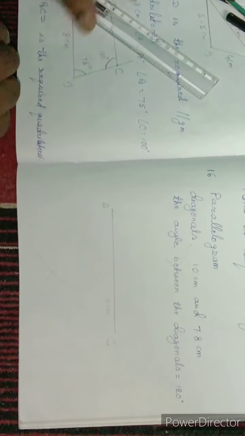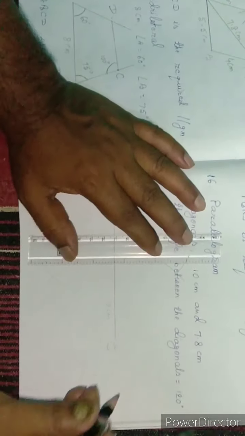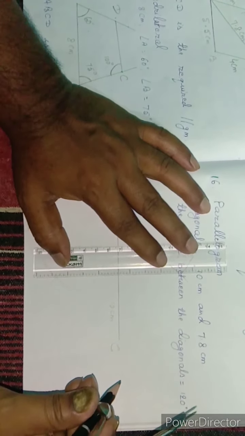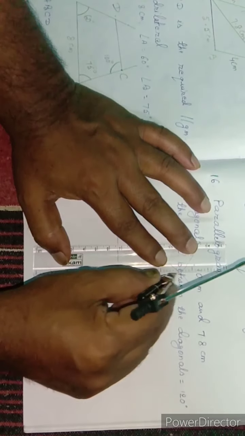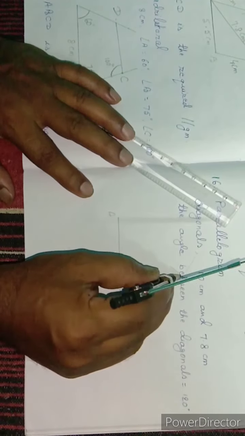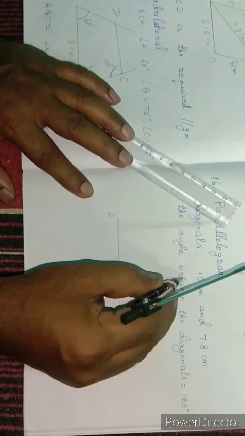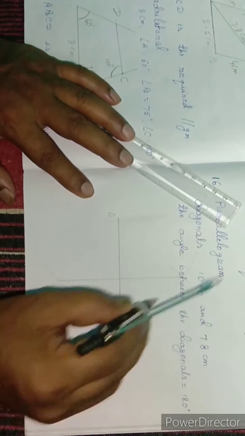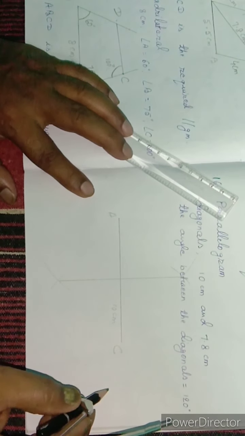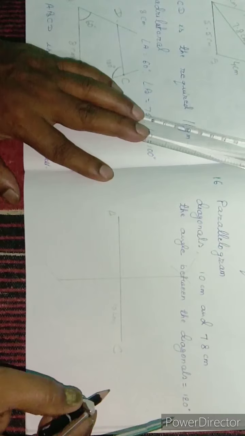Join these two lines. Join the line of perpendicular bisector. So mind it, it is coming on this writing. You take care. You should not draw the line on this writing. Now, how much is the angle?